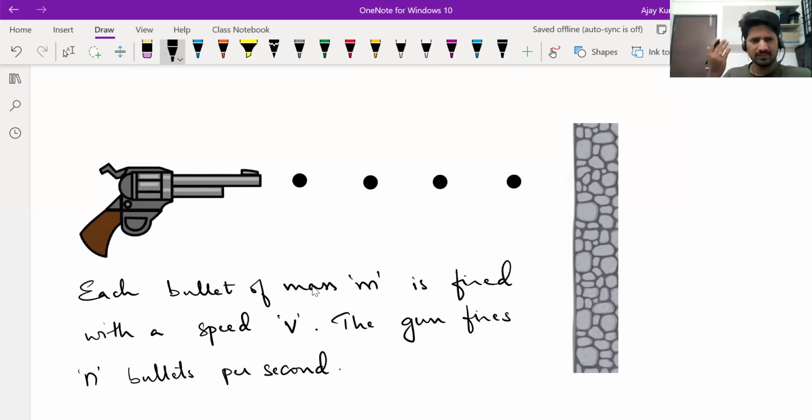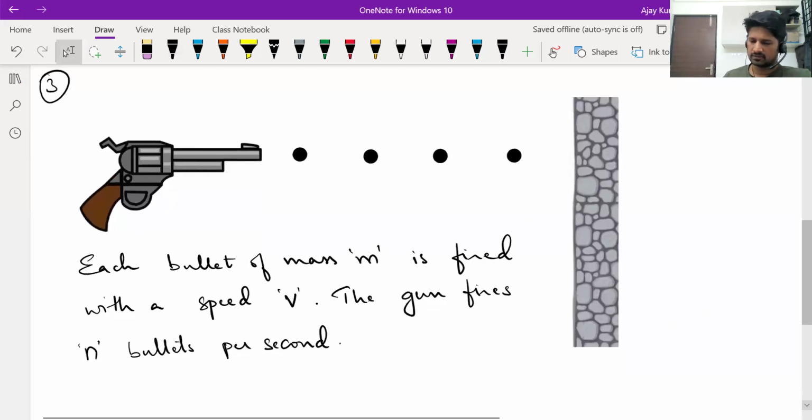So if the gun fires n bullets per second, then the number of bullets hitting the wall also will be n per second. Calculate the average force experienced by the wall.